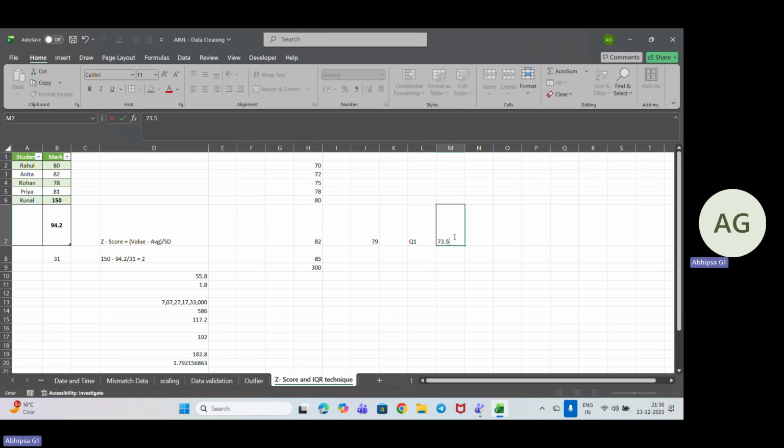Okay. Next, coming to Q3. Q3 would be the upper half, 80 through 300. So we will be doing 82 plus 85 divided by 2, which is around 83.5.